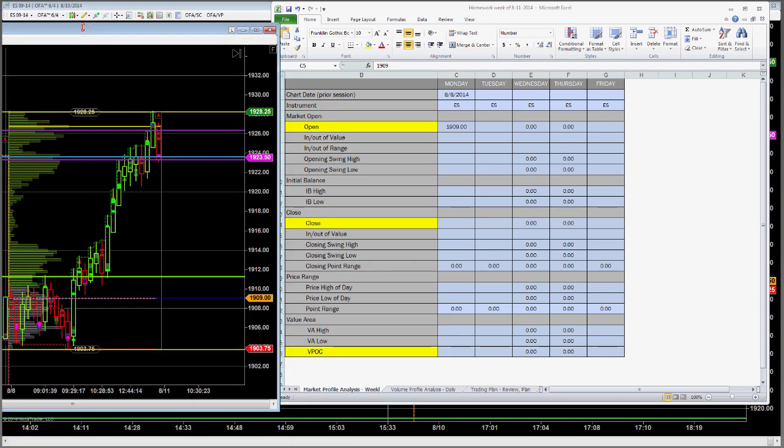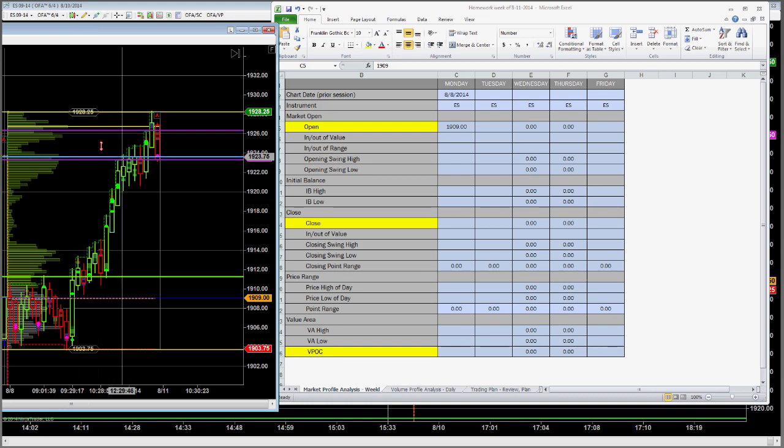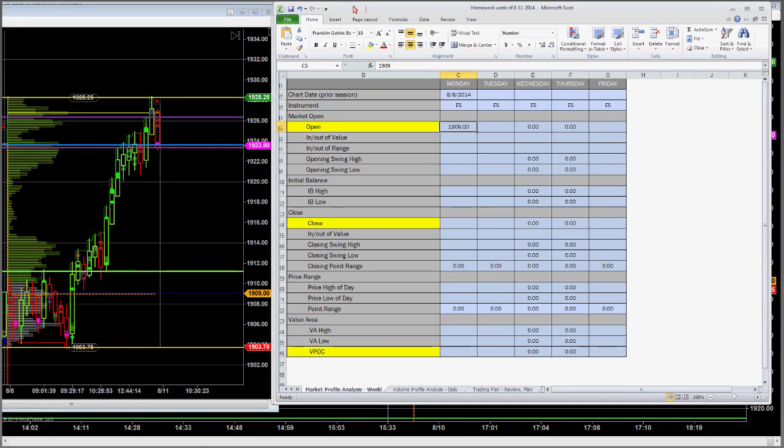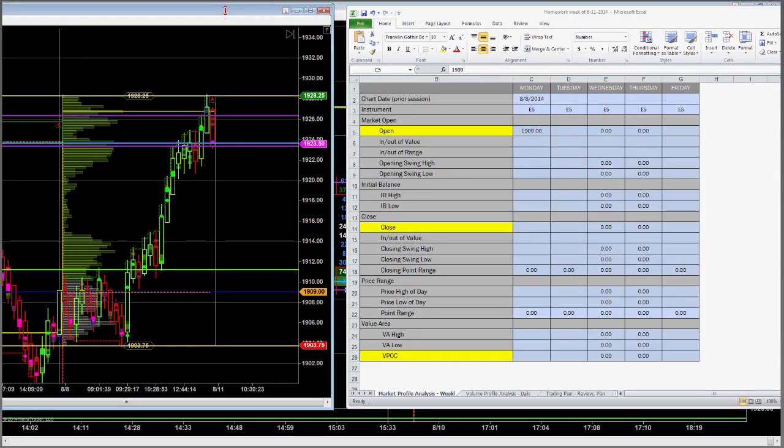It is just the RTH session only for the ES. So we open down here. There's our open right there, that blue line. And our range, in order to determine are we in range, out of range, in value, out of value, we're looking at the previous day's session.